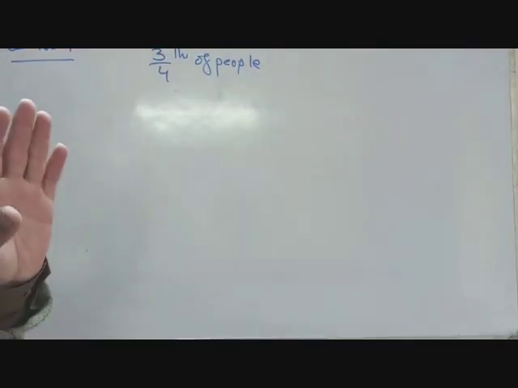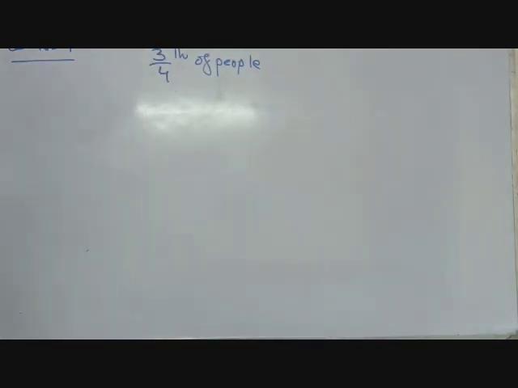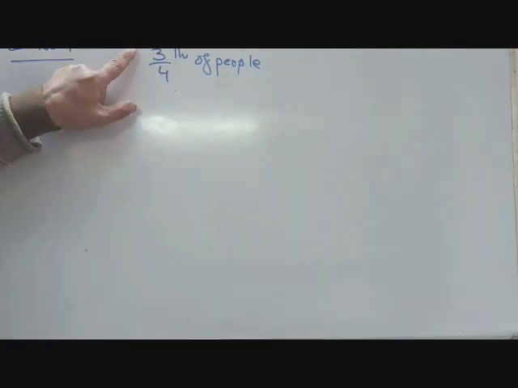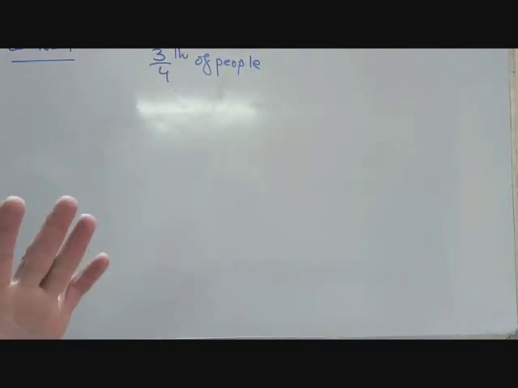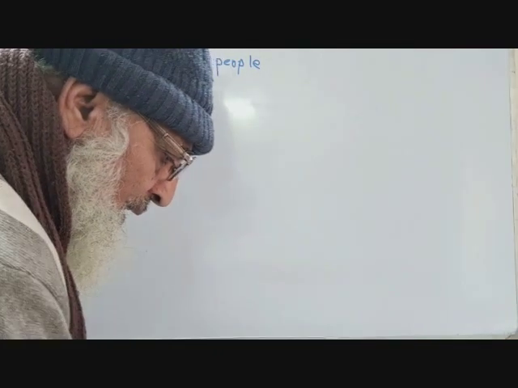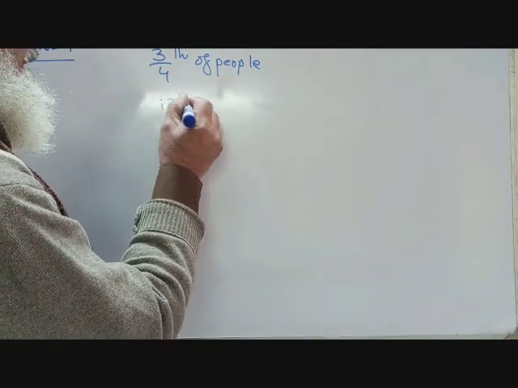For example, if there were four people in the auction, three of them bought something and one did not. Now how many people are there in total? There are 120 people.